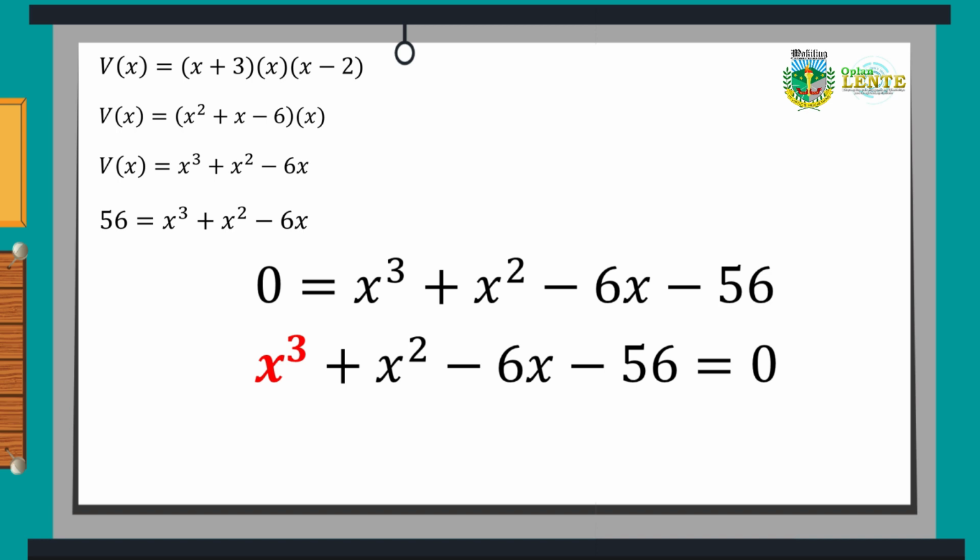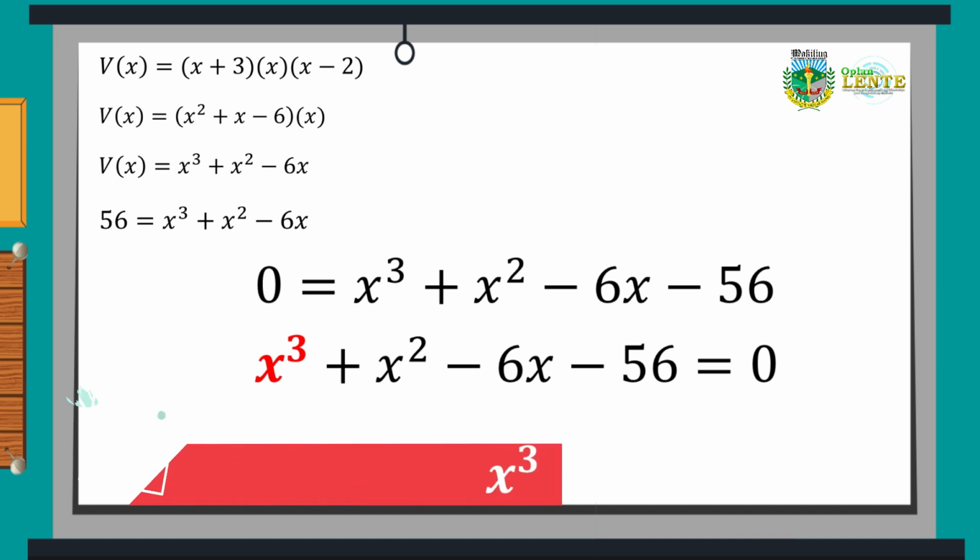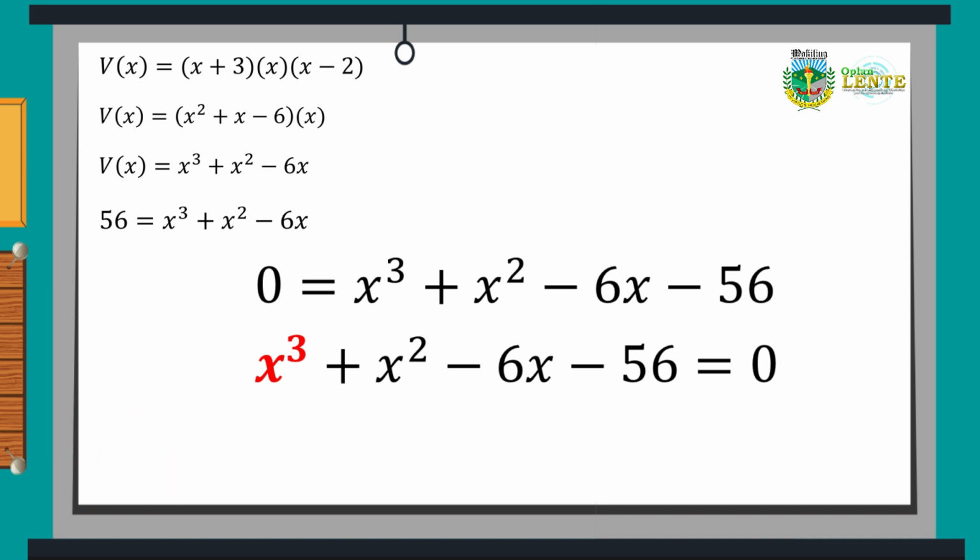Using the symmetric property of equality, it can also be written as x cubed plus x squared minus 6x minus 56 is equal to 0. In this equation, since the leading term is x cubed, of degree 3, we have an idea that we have 3 zeros or solutions.